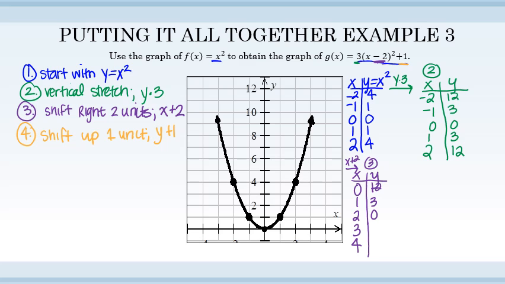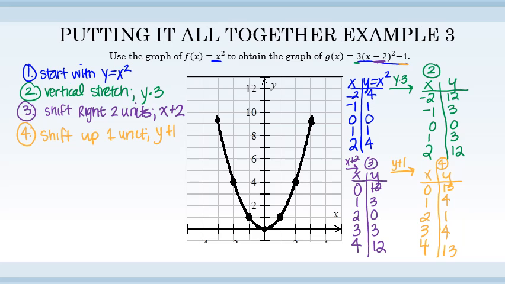And again, you always use the most recent table for the values. And then our last step, we're going to shift it up 1 unit, which is adding 1 to the y values. So the x values remain unchanged. And for each of the y values, I'm going to add 1. So that becomes 13, 4, 1, 4, and 13.